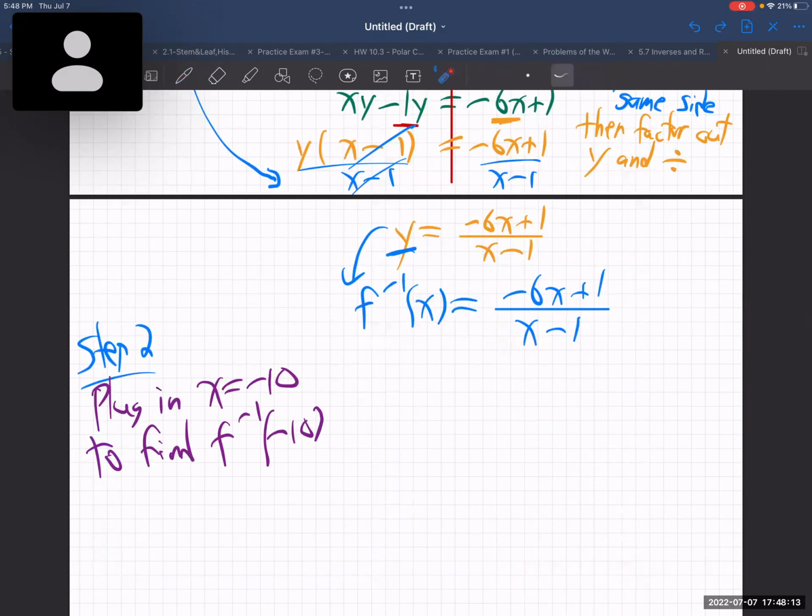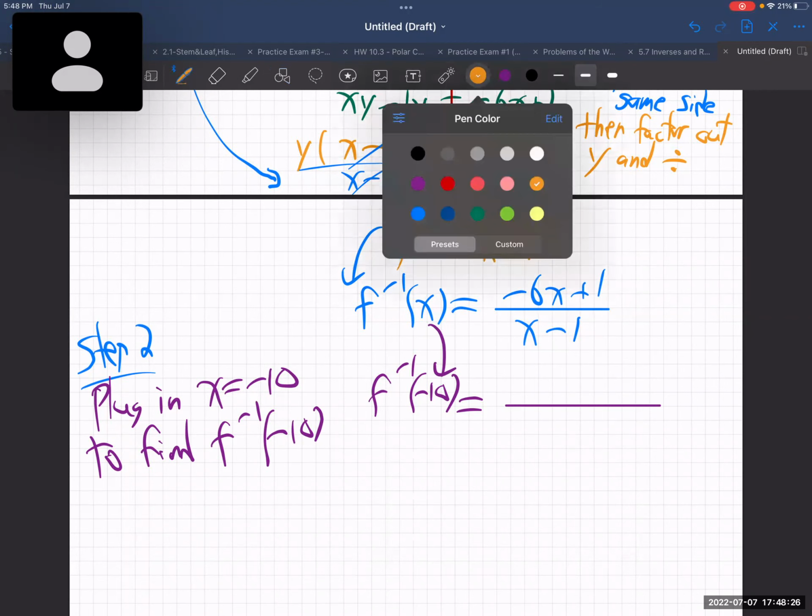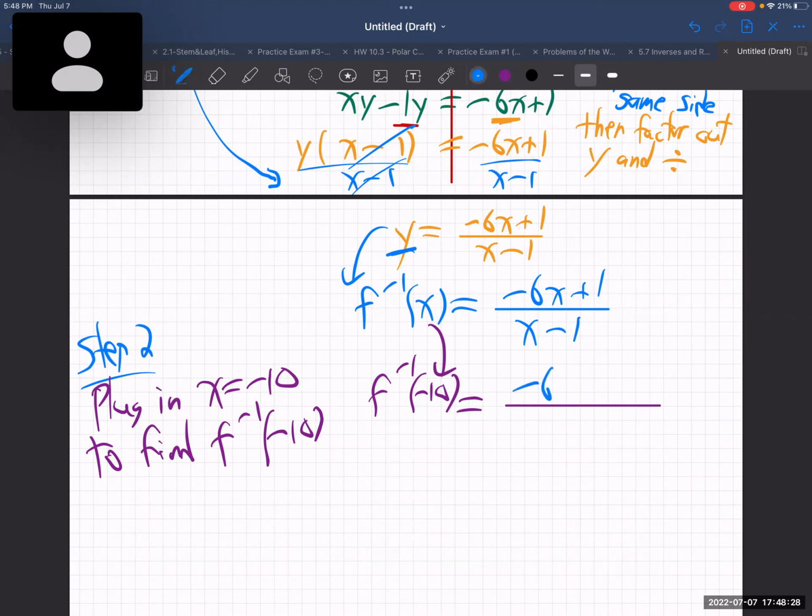Now plug into it negative 10. So f inverse of negative 10, plug in for x, negative 10. And so we're going to plug that in, and it's going to be minus 6 blank plus 1 over blank minus 1. And so I'm plugging in negative 10 here, negative 10 there, in both places.